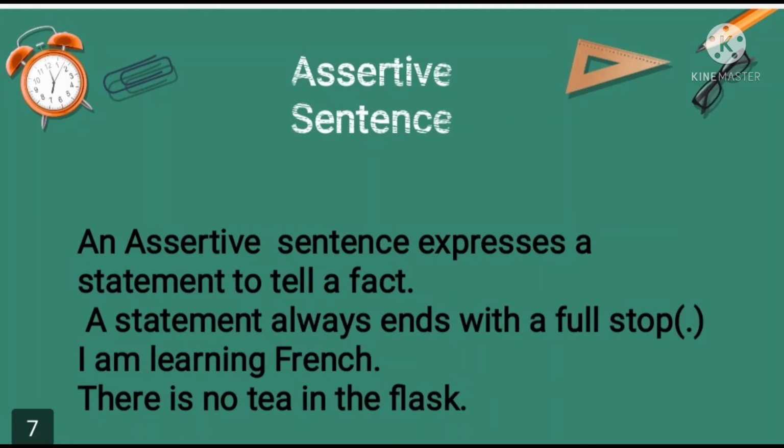There is no tea in the flask. In both the sentences, a fact is expressed. That is why they are assertive sentences. And look at the examples, children. They end with a full stop.